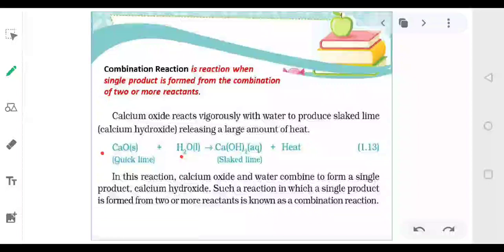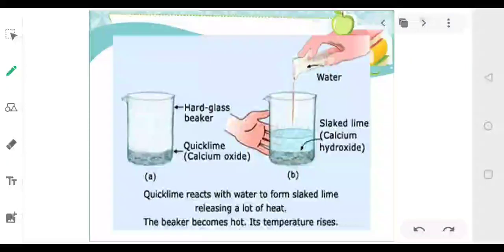So that is nothing but a combination reaction. In the first figure we have calcium oxide in a beaker, and in the second water is being added to that calcium oxide, and then this reaction takes place and we get calcium hydroxide.